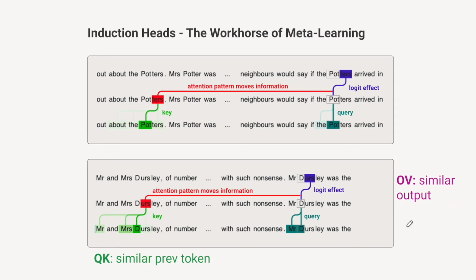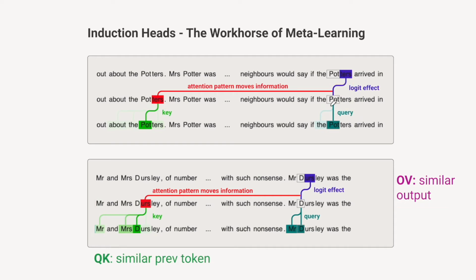The OV matrix has positive eigenvalues selecting for similar output. So showing here, if you have the token pot followed by the token ters, then the attention pattern from pot will look back to a previous instance of ters, and the output will be made similar to what's being attended to. So that similar output shows up as positive OV eigenvalues.